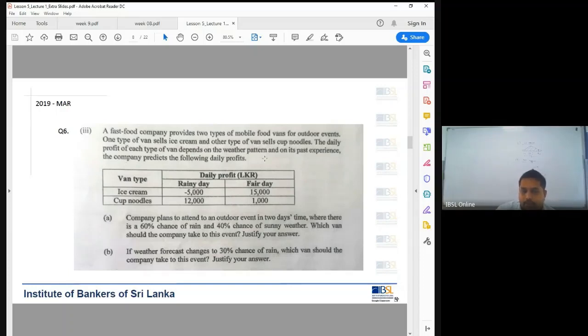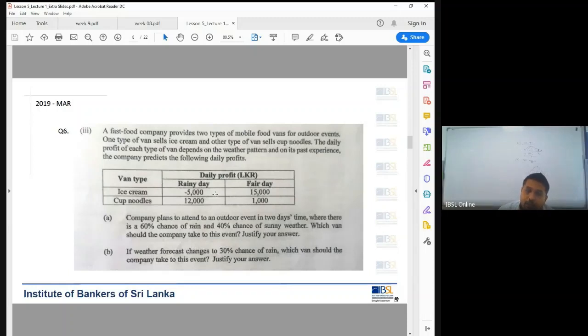Okay, so what they have done is in a table they have given for these two van types, depending on the rainy or fair weather, what would be the profit that each van is going to make. Let's just see whether those values make sense. On a rainy day, ice cream is going to make a negative profit of 5,000. That's sensible, right? On a rainy day, rarely will people go and try ice creams.